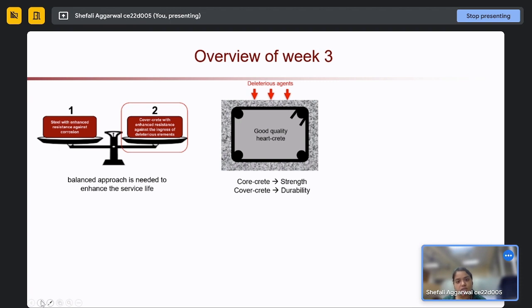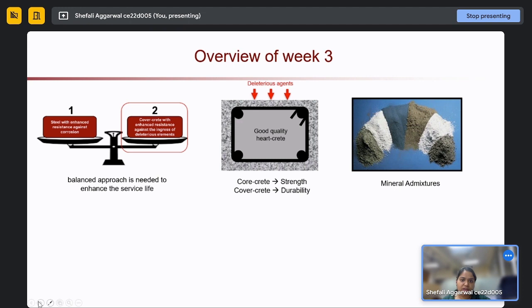If our cover concrete is not of good quality, there are chances of more porosity, more ingression of deleterious agents, and more effect of different types of loading and natural effects. If cover concrete is weak, all these agents will attack the core of our concrete or our reinforcement and can cause corrosion.